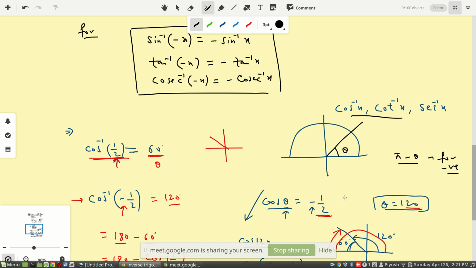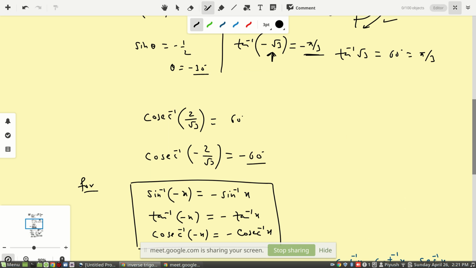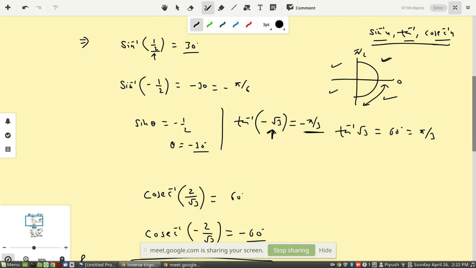I hope it is clear. When you have a negative inside, you find the value when it's positive and then do pi minus that angle, and that is the answer. And in these three, sine inverse, tan inverse and cosec inverse, if it is negative, you just put the negative outside.